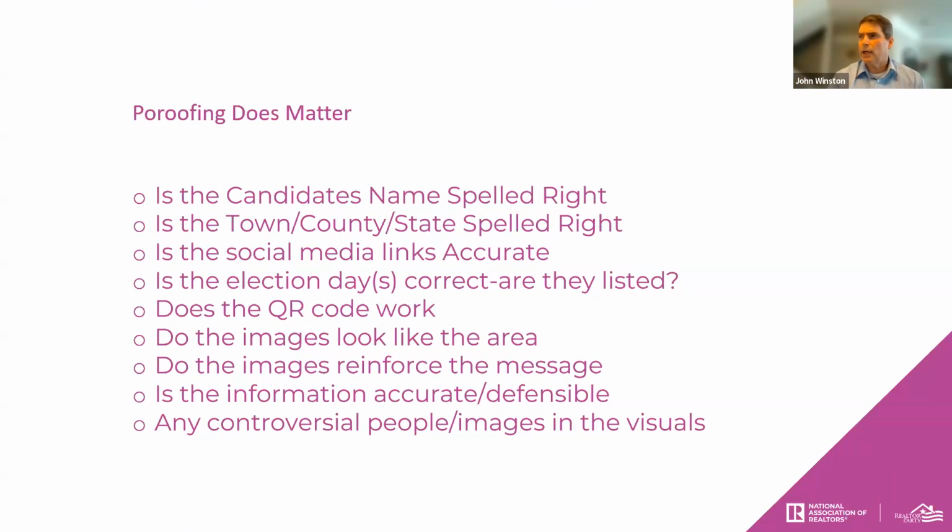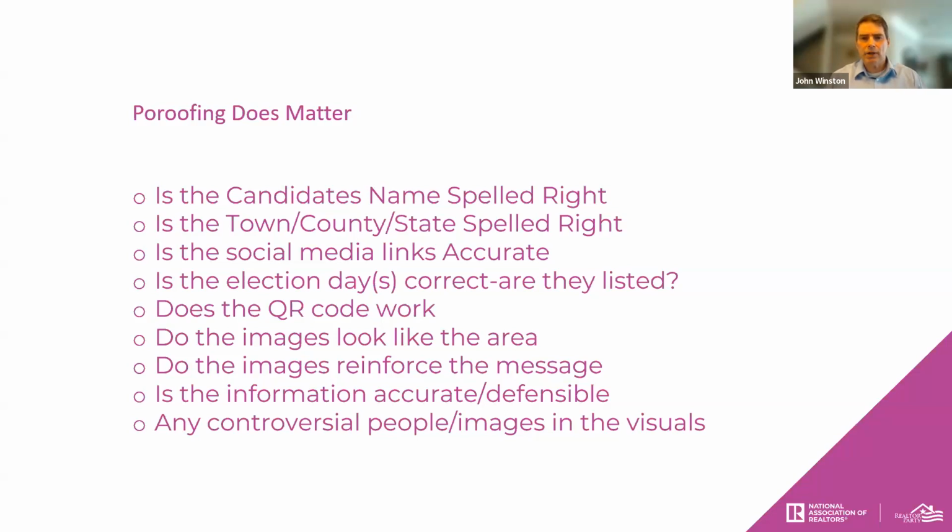So finally, I'm going to end with this. And I obviously did that intentionally: proofing does matter. I wanted to give you a quick checklist of things I would evaluate in whatever campaign material it is.